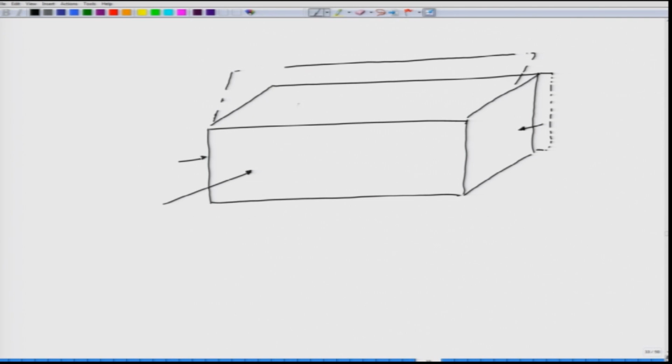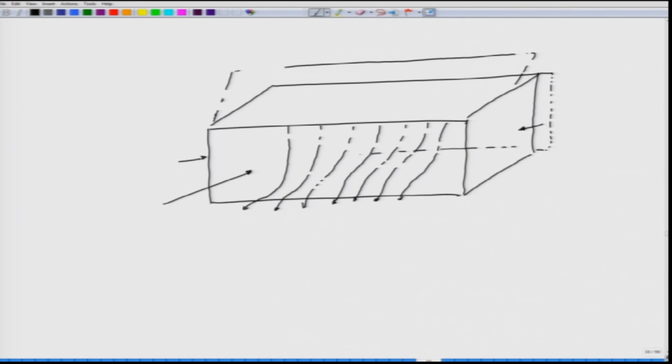The way it works is that there is an air current which comes down like this. This is the force of the air current. It ensures that whatever you are doing, you are not contaminating the system, or the air current may flow like this, either crisscross or upside down.